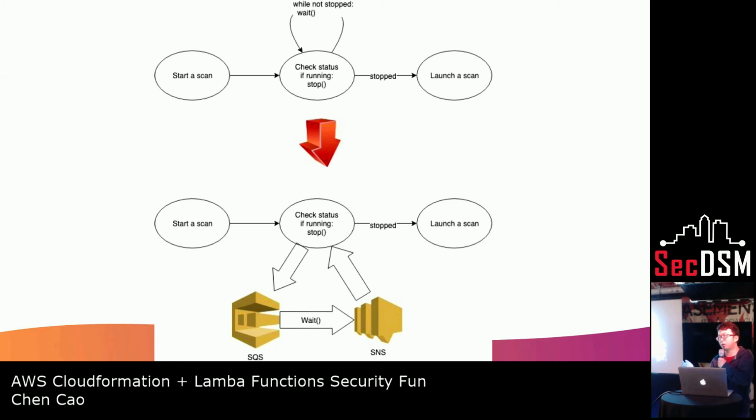It takes 20 to 40 seconds, so you have to make your Lambda function sit there and wait for it to finish. It's not a good design because a Lambda function should be designed to do something very quick instead of sitting there and waiting. A potential solution for this issue is we could use SQS and SNS so that we could move the waiting time out of the Lambda function.